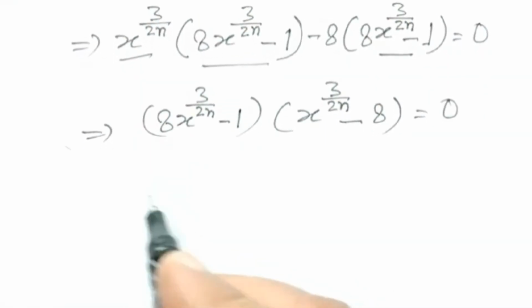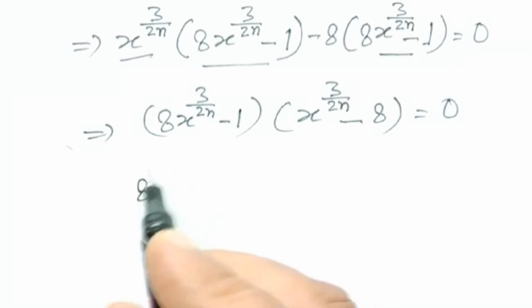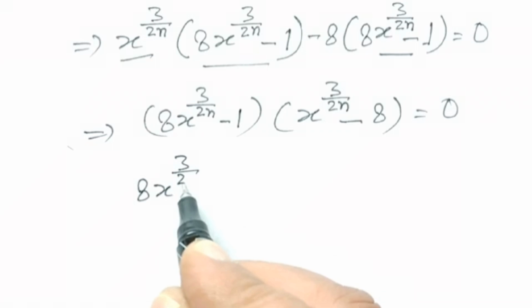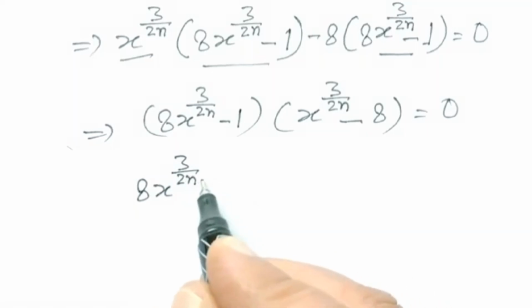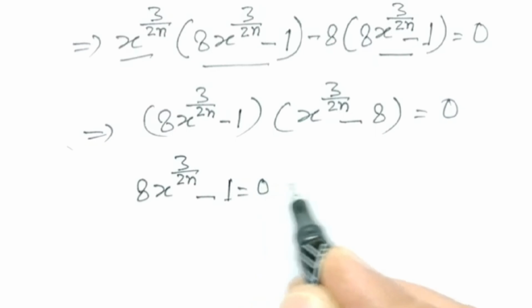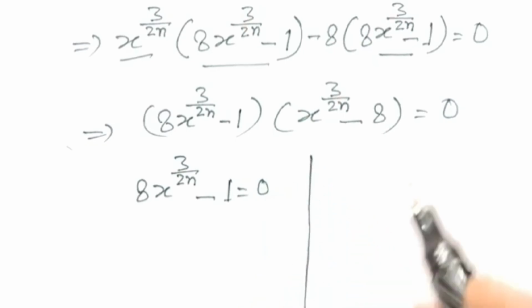Now we have two cases. Case first, 8x^(3/2n) minus 1 is equal to 0, so x^(3/2n) is equal to 1 over 8.